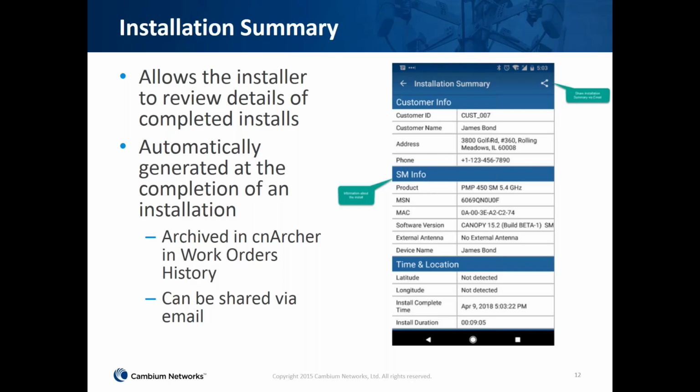So all of this can be archived so that the next time you get a customer support call, you have a reference point to at least how things were performing when the installation was actually completed.